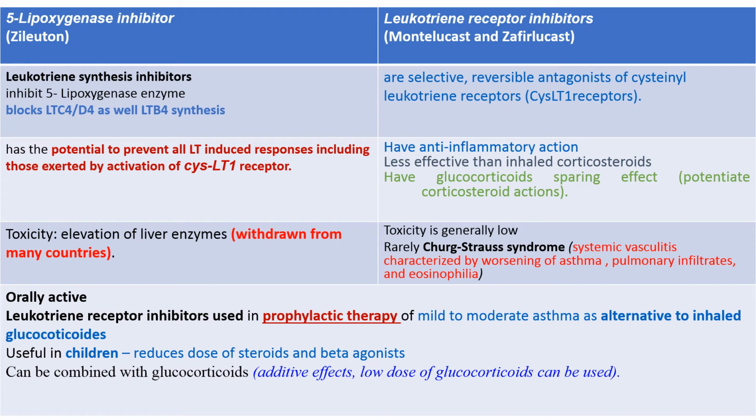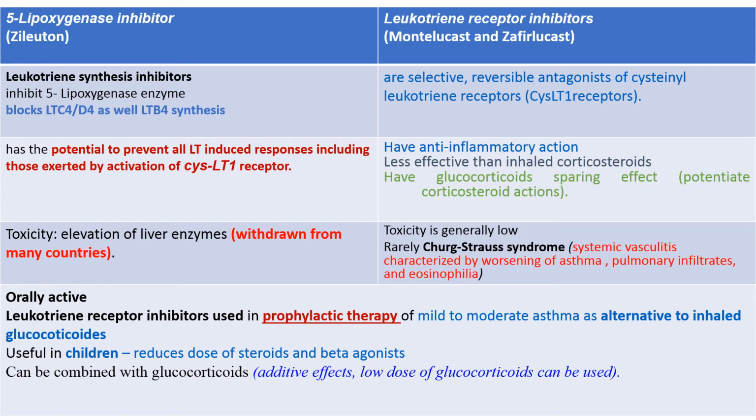So you can use these drugs in mild to moderate bronchial asthma as an alternative to inhaled glucocorticoid, because they have anti-inflammatory action, though less efficacious than the inhaled corticosteroid, but they can be used as a prophylactic therapy as an alternative to inhaled corticosteroids. And if you are particularly worried about the adverse effects of inhaled corticosteroid, particularly in children, you can go ahead and use a leukotriene receptor antagonist.